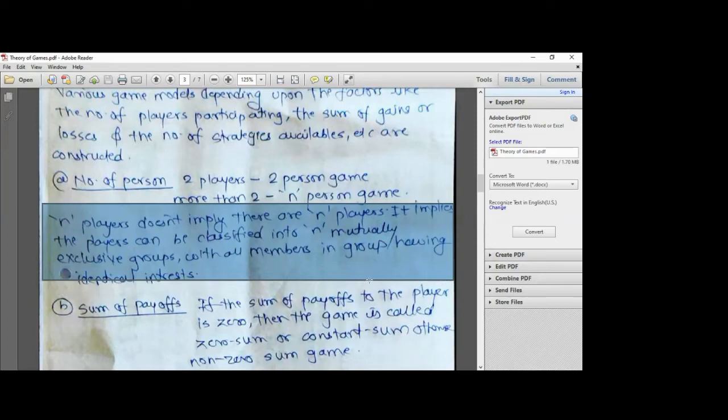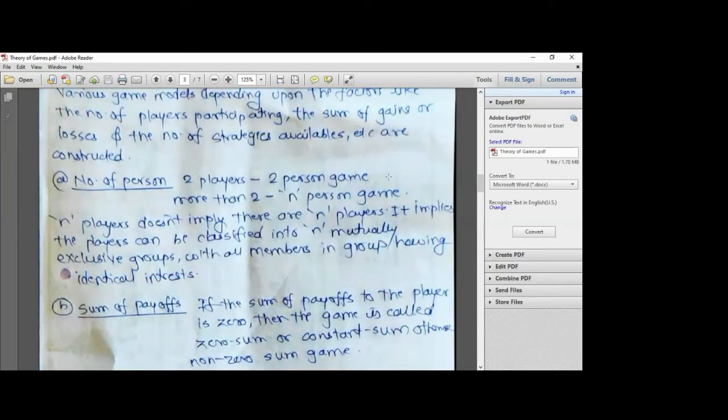For example, a few of the participants are playing to make a decision happen, and a few are playing to oppose that particular decision. So two groups happen. This suggests that there are these two groups.